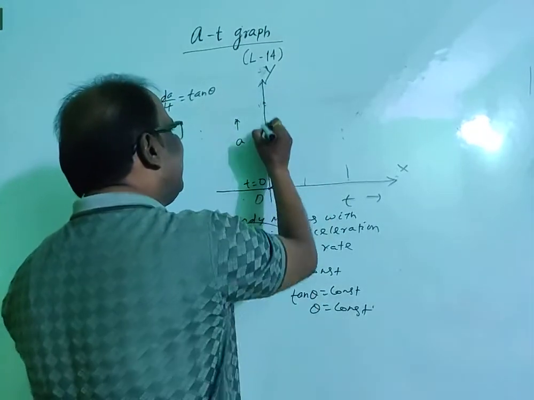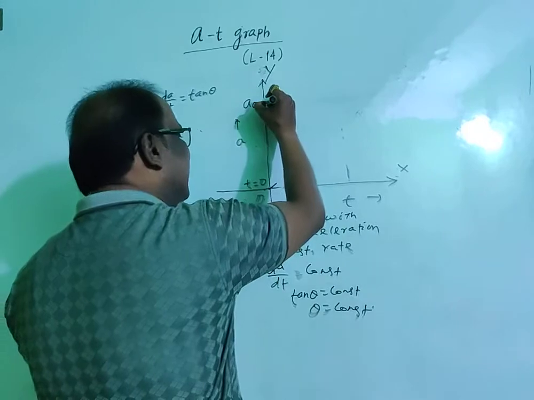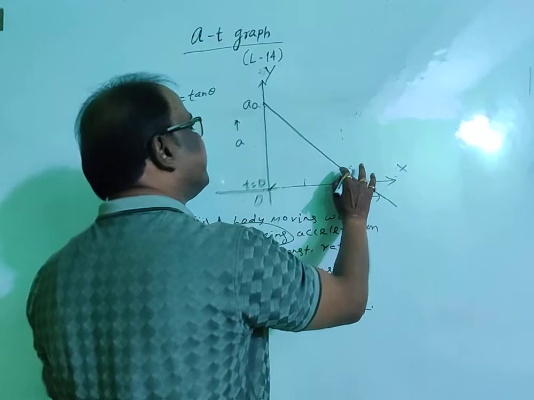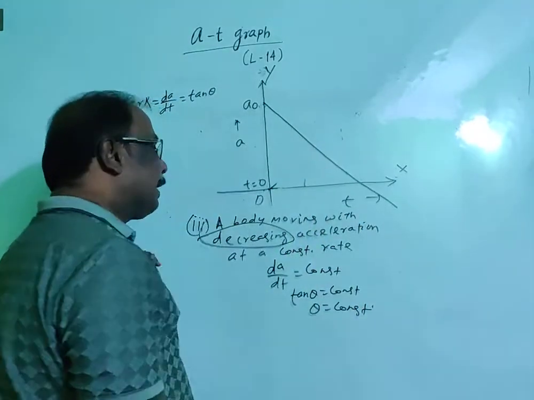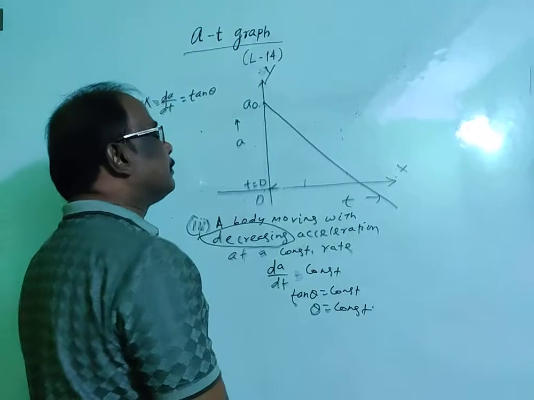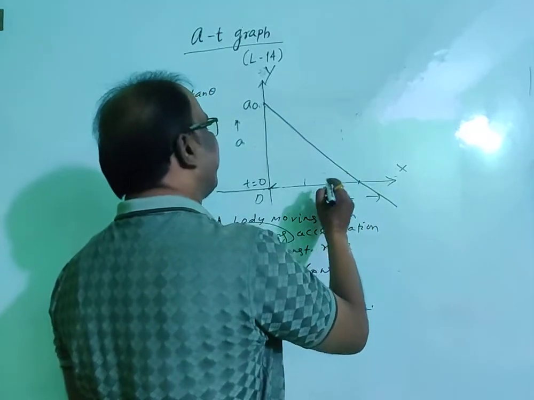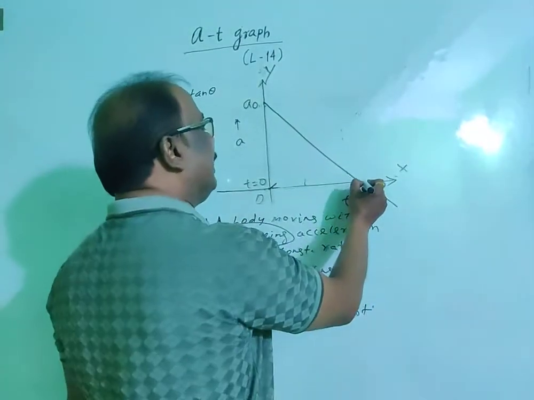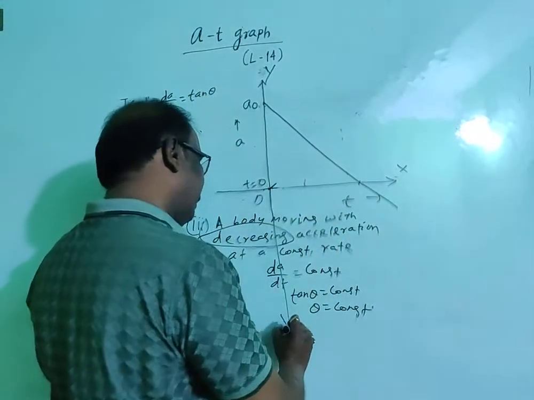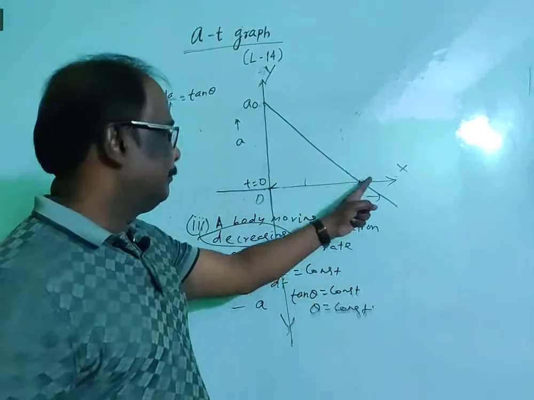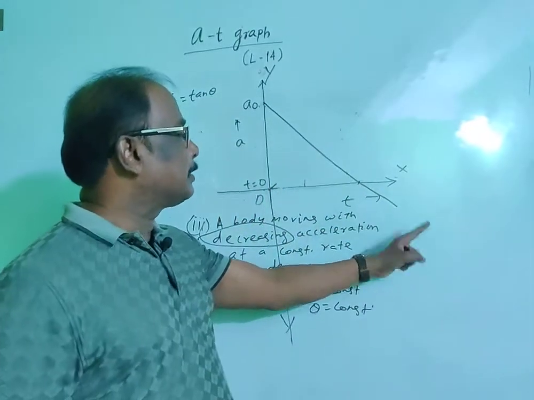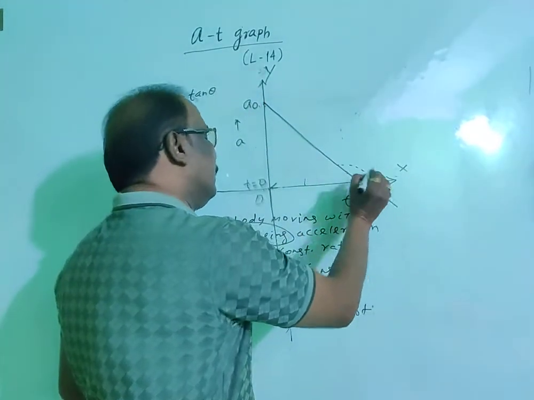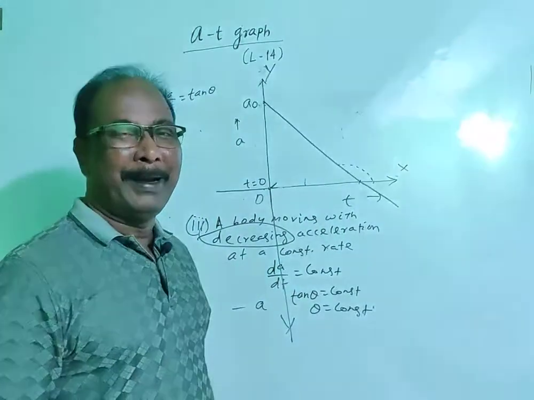Acceleration: let at t equal to 0, acceleration is a naught, and acceleration decreases at a constant rate. Since acceleration decreases, here this is the origin, and thereafter acceleration is negative. Here acceleration decreases with a constant rate. Clear?